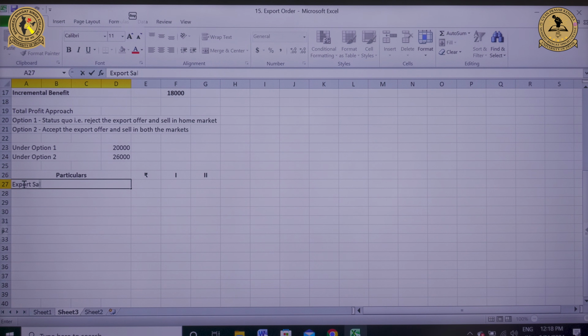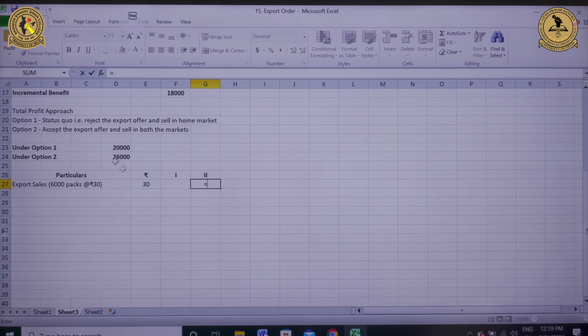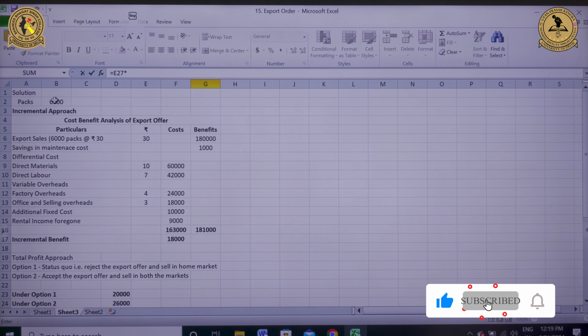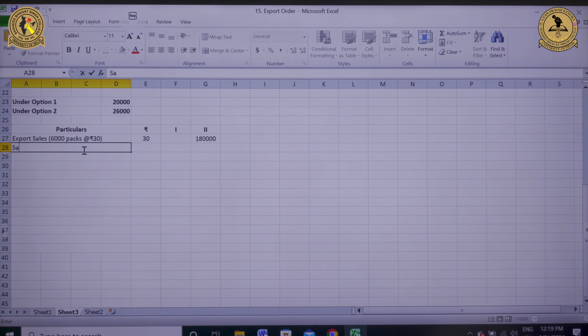Now let me first mention export sales. We all know that we have 6,000 packs at a rate of rupees 30 per pack. So I can simply write equals to, select this E27, 30, multiplied by 6,000, and press enter. The next is sales in home market.